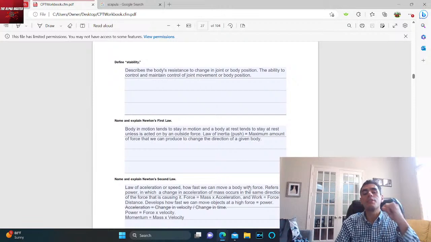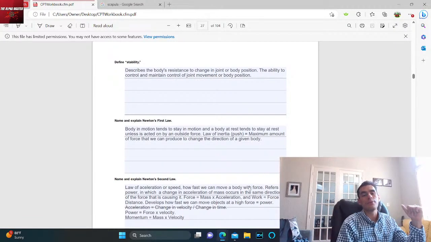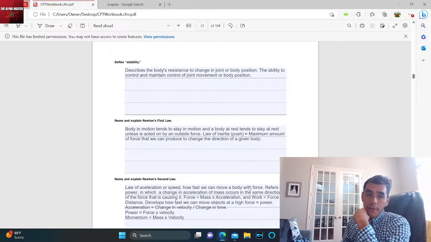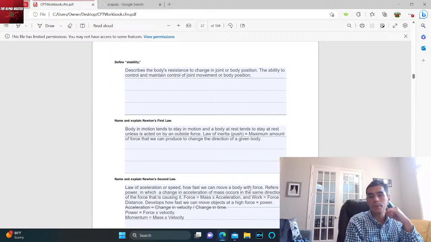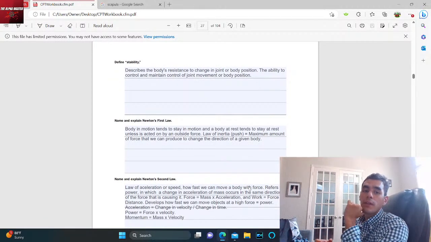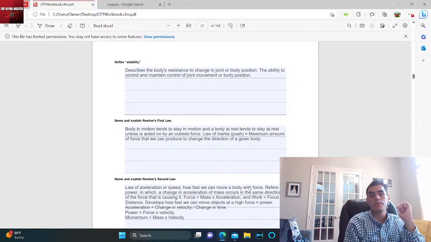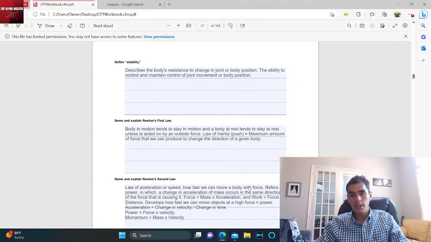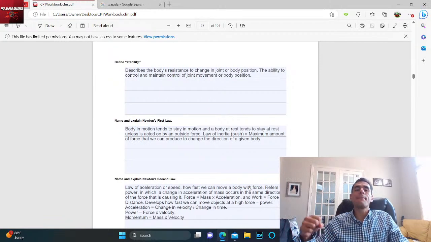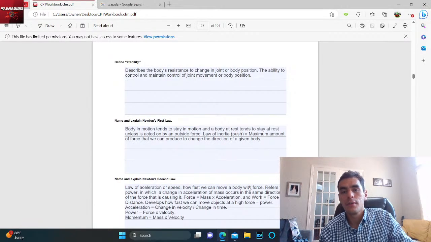Stability describes the body's resistance to change in joint or body position.